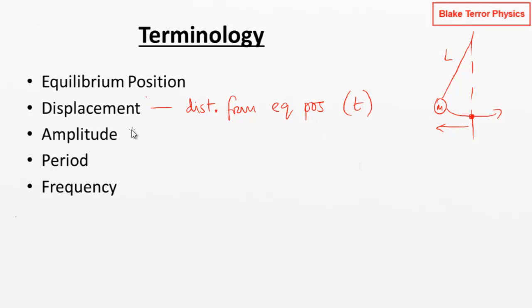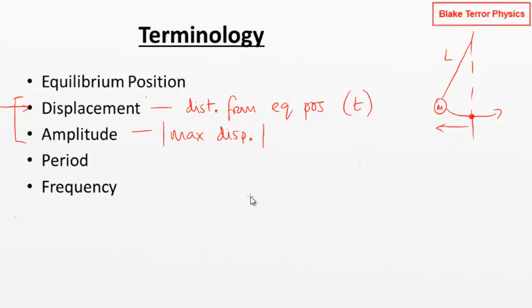Whereas with the amplitude, this is the maximum displacement off to one side or the other. So this is going to be the magnitude of the maximum displacement because it can be on either side. So how far away can we get from the equilibrium position? So we've got two ways of measuring here. Saying exactly where the particle is on the pendulum, that is the displacement, and then how far away it could possibly be is the amplitude.